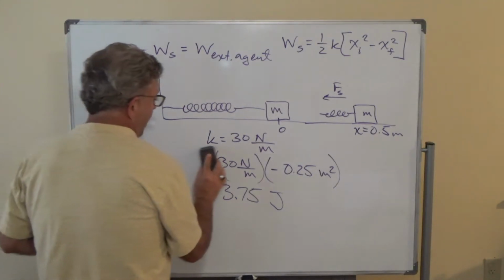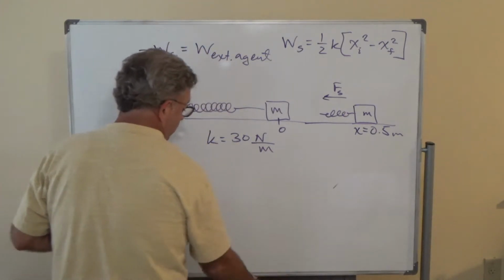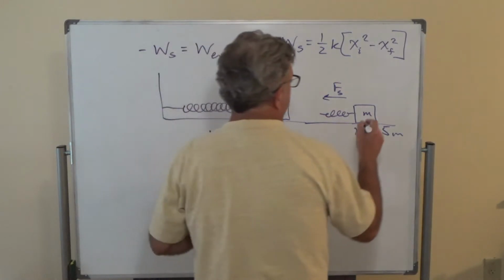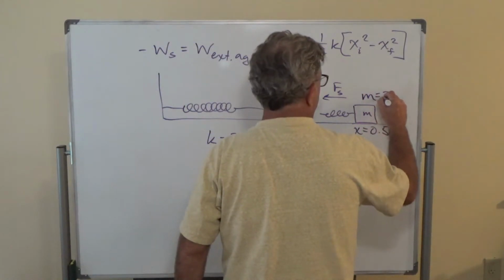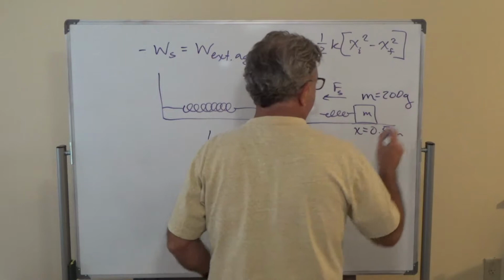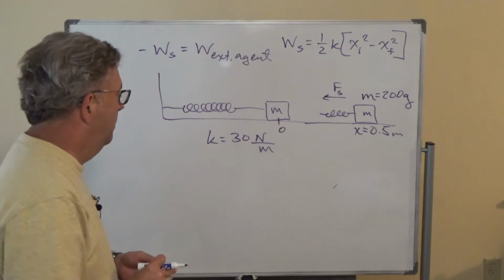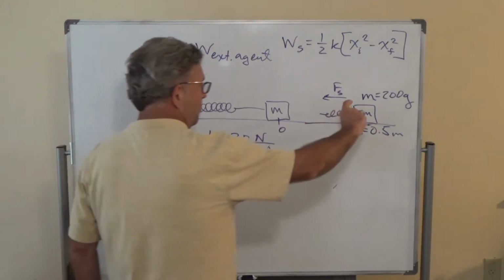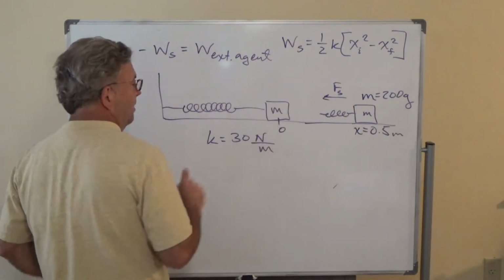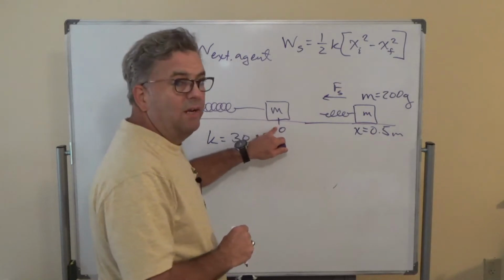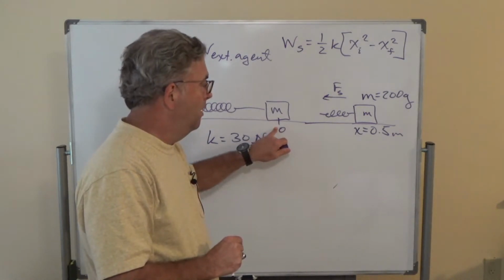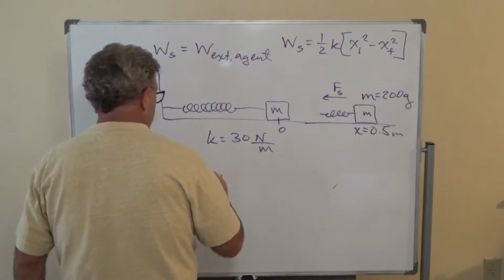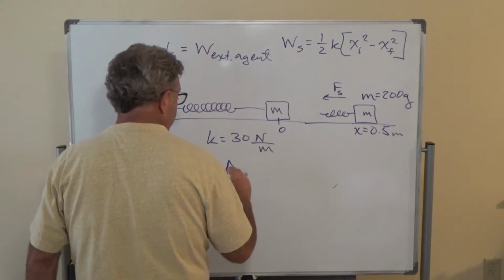Let's say that the mass is 200 grams. That's reasonable. Okay. Can we calculate the velocity after this mass is released? Calculate the velocity at equilibrium, at the 0 point. Well, work is equal to delta KE.